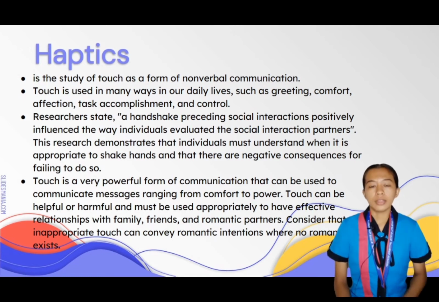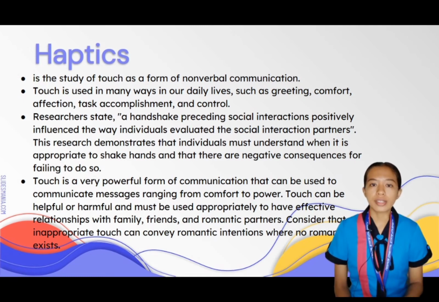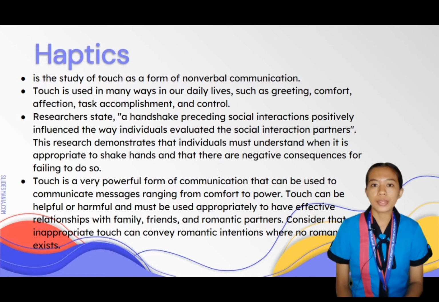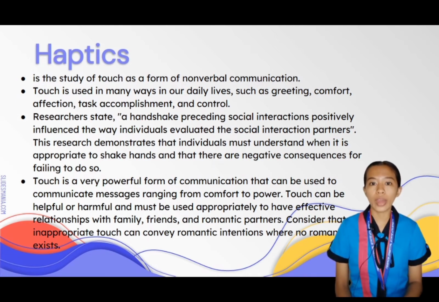For example, researchers state a handshake preceding social interactions positively influenced the way individuals evaluated the social interaction, partners, and their interests in further interactions while reversing the impact of negative impressions.